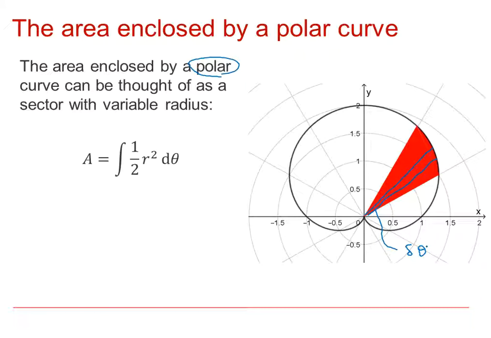When you find the sum of those slices, you can show that the limit will be the integral of a half r squared d theta. This area is swept out from theta equals alpha to theta equals beta, which are the limits of this integral. So that integral will find the area swept out by a polar curve between angle alpha and angle beta.